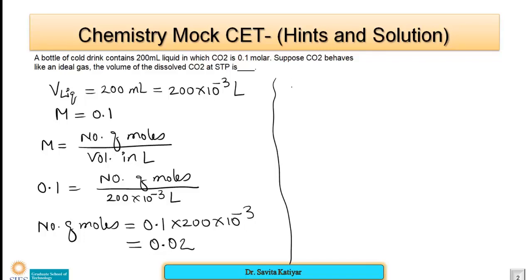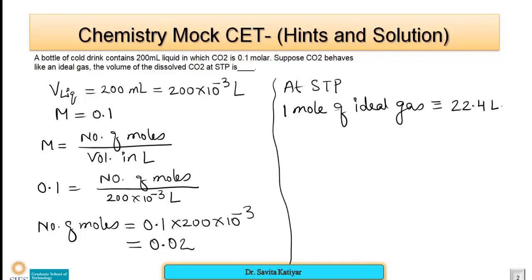We all know that at STP, that is standard temperature and pressure condition, 1 mole of ideal gas occupies 22.4 liters of volume.